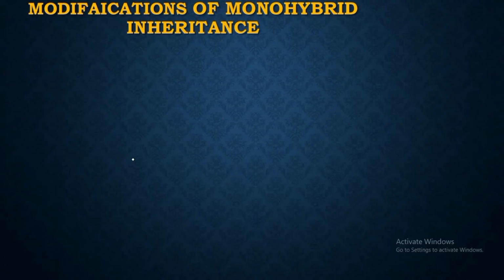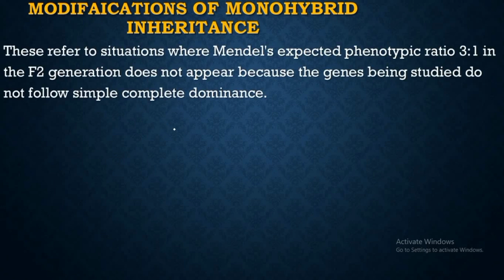Let us come to the modifications of monohybrid inheritance. These refer to situations where Mendel's expected phenotypic ratio of 3 to 1 in the F2 generation does not appear because the genes being studied do not follow simple complete dominance.